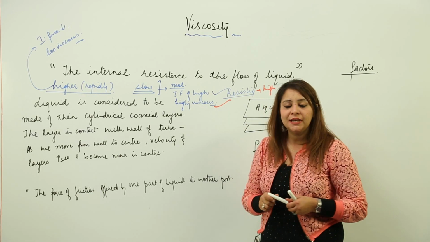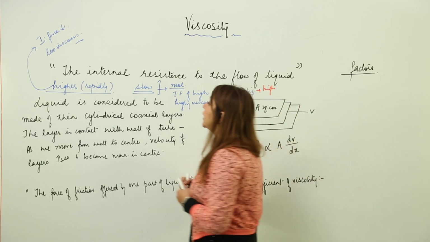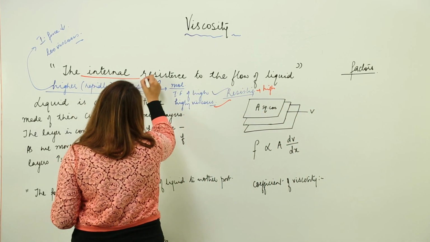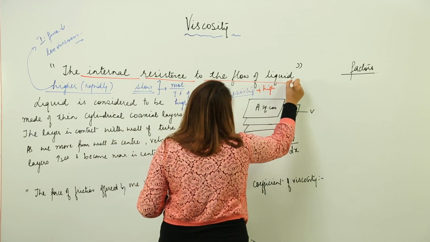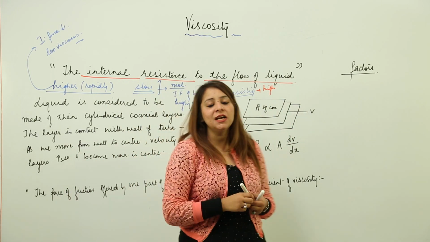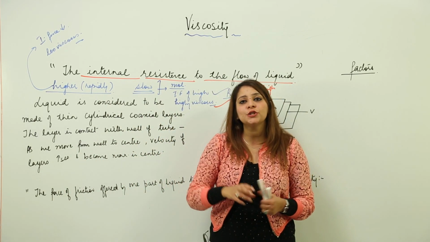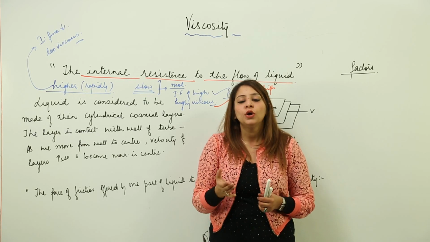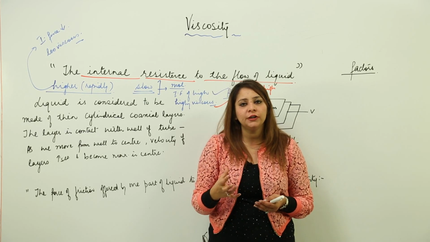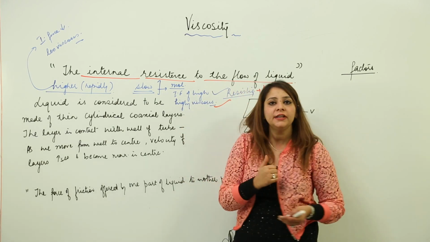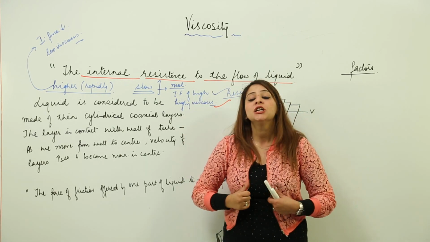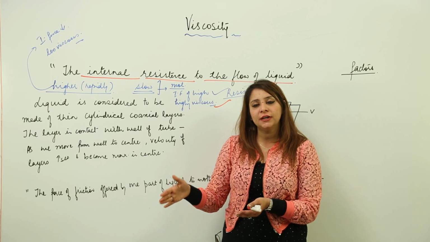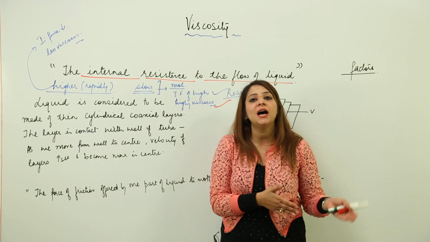So what is viscosity actually? Viscosity is the internal resistance to the flow of a liquid. That means there is a certain kind of obstruction within the substance that does not allow it to flow. The resistance offered to the flow of the liquid is called viscosity. As I told you, some liquids have lower resistance, some have higher resistance.